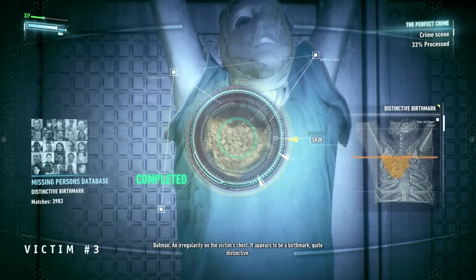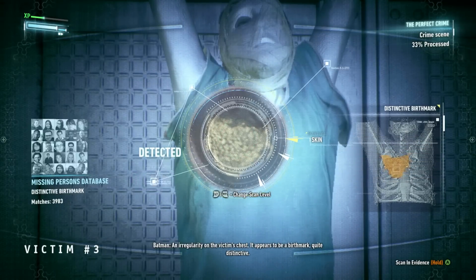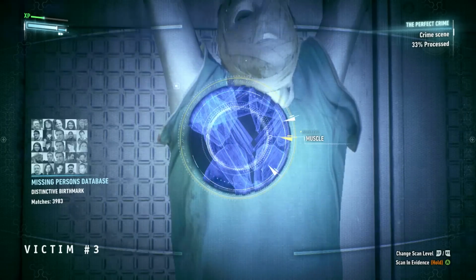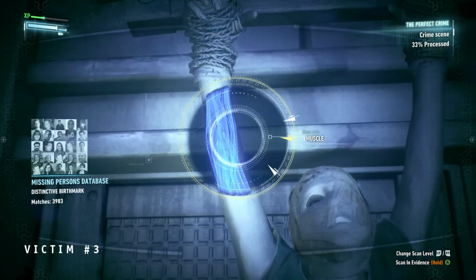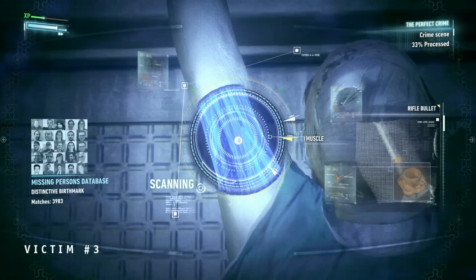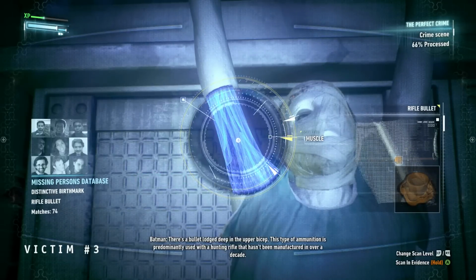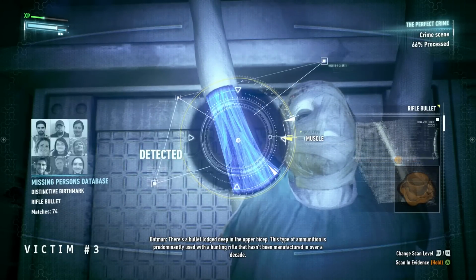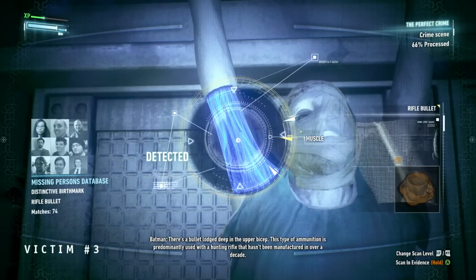An irregularity on the victim's chest. It appears to be a birthmark, quite distinctive. There's a bullet lodged deep in the upper bicep. This type of ammunition is predominantly used with a hunting rifle that hasn't been manufactured in over a decade.